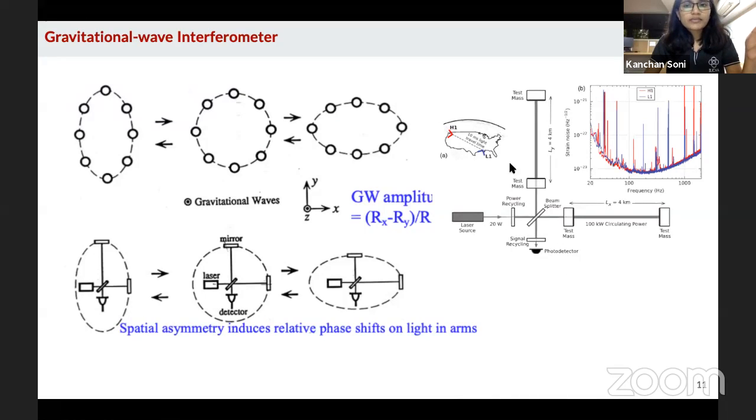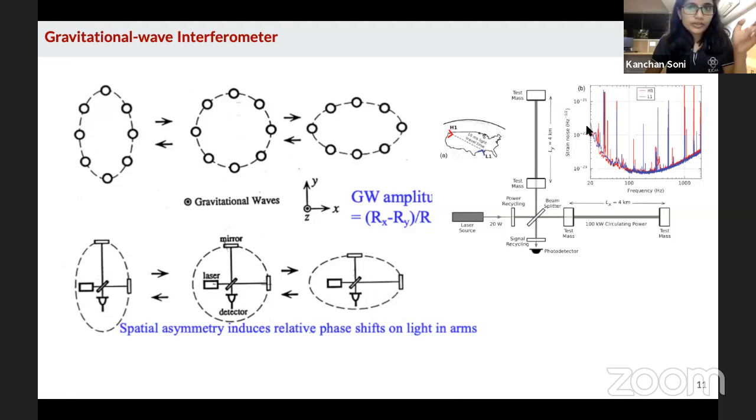But what happens if the gravitational wave is present? So as I said, the gravitational waves propagate through the space-time, and it distorts the space-time. It squeezes and it expands the space. So the continuous squeezing and expansion, basically it changes the length of the arm. Now this length of the arm is so tiny, as we calculated previously.